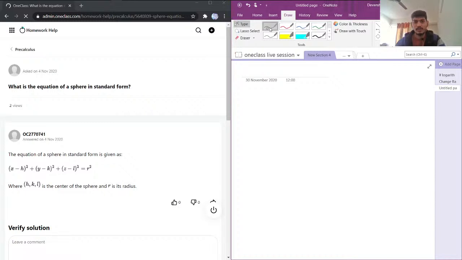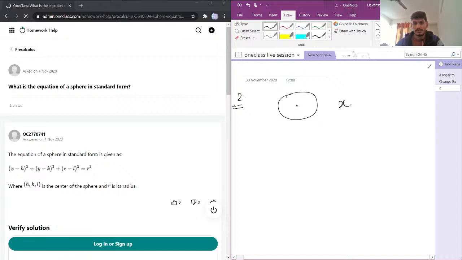This is going to be question number 2. What is the equation of a sphere in standard form? So the equation for a circle was, let's say this was the center and its coordinates are h comma k, then x minus h whole square plus y minus k whole square equals r square, where r was the radius of the circle.